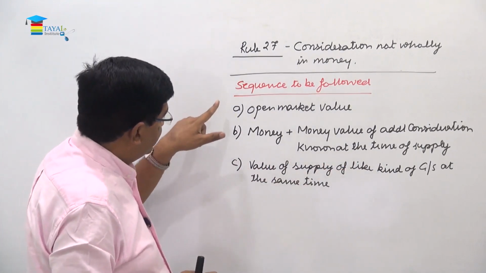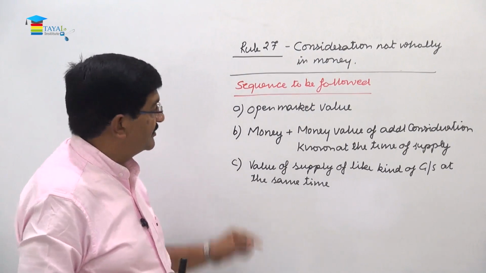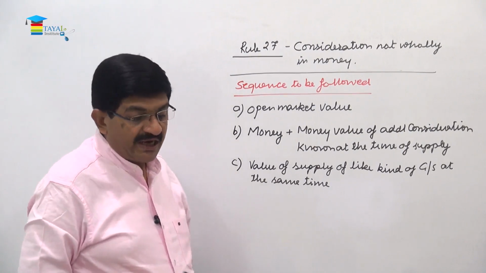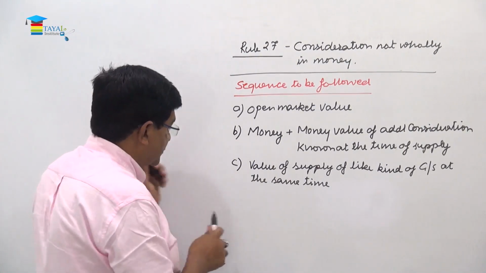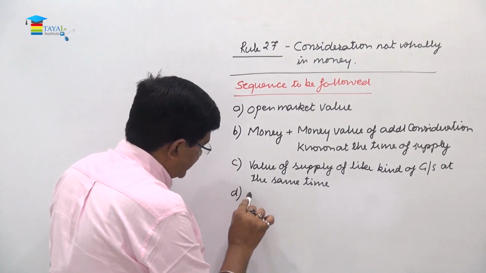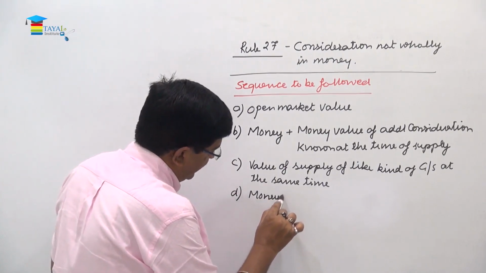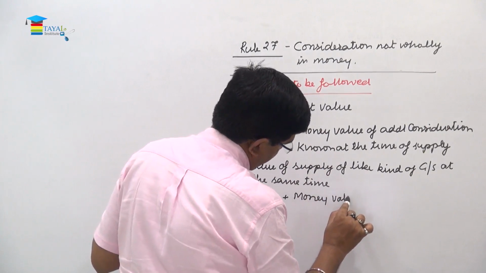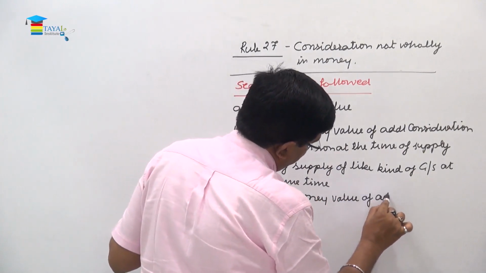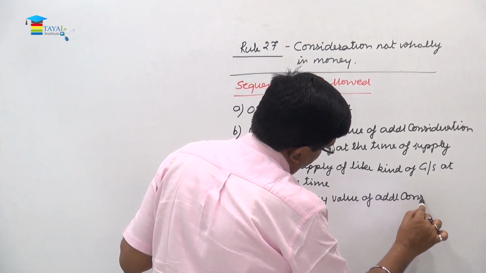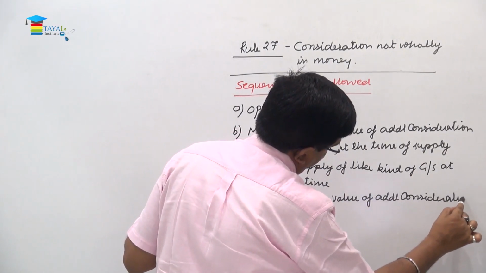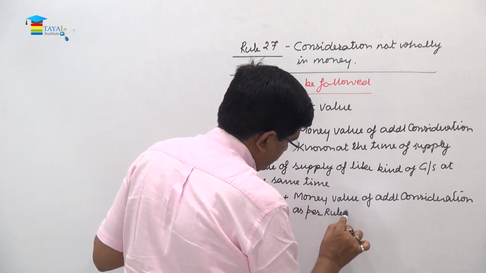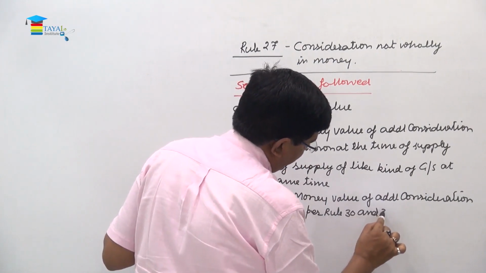So this is the sequence. First decide the value as per clause A, if it is not possible, then go to clause B. If both are not possible, then go to clause C, and if that is also not possible, then come to clause D. And D says money plus money value of additional consideration as per rule 30 and 31.